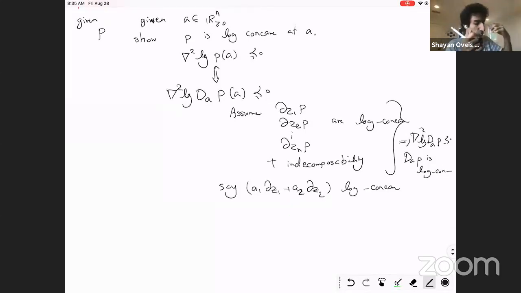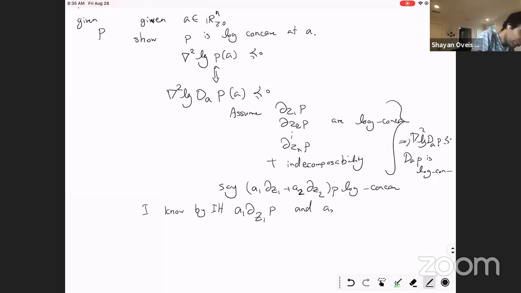I have two polynomials. Basically the idea is this: I know by the induction hypothesis that A1 partial Z1 of P and A2 partial Z2 of P are log concave. This is what the induction hypothesis implies.